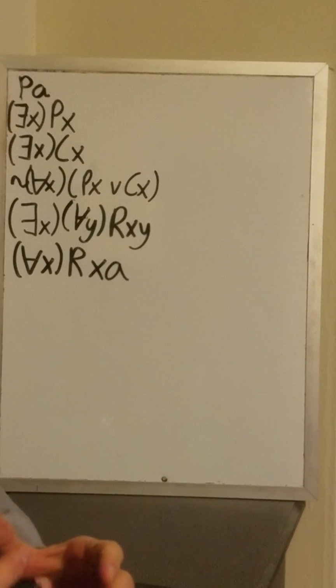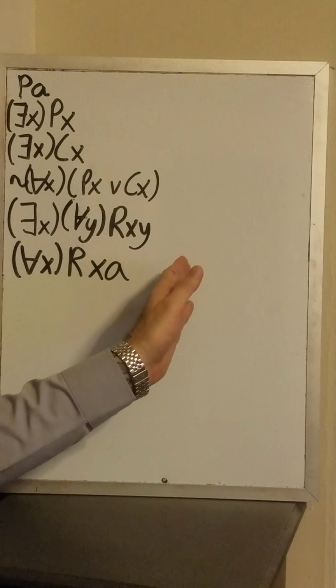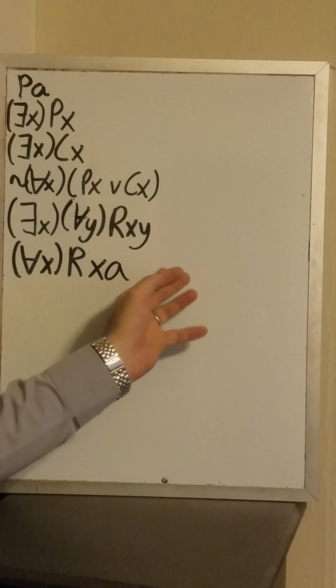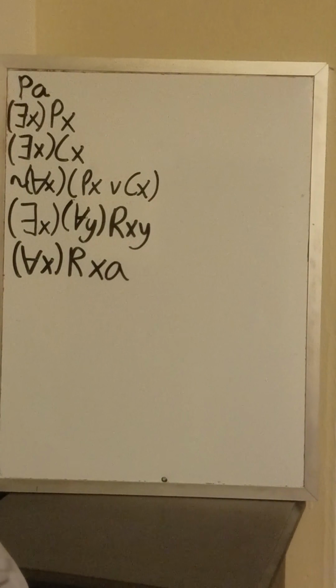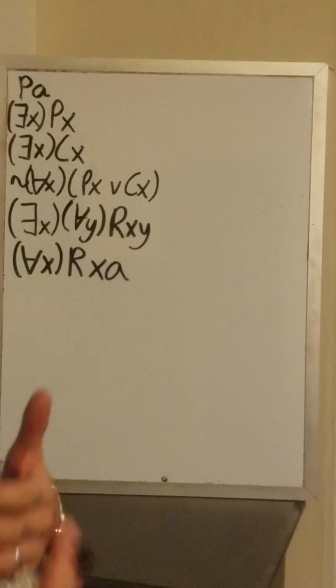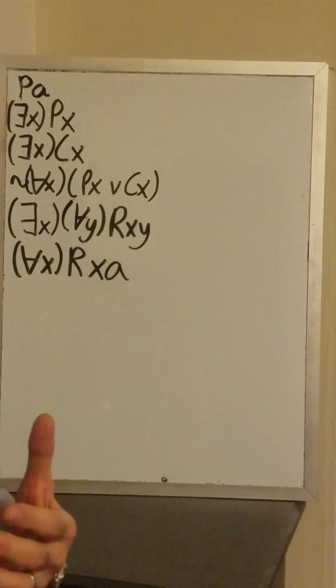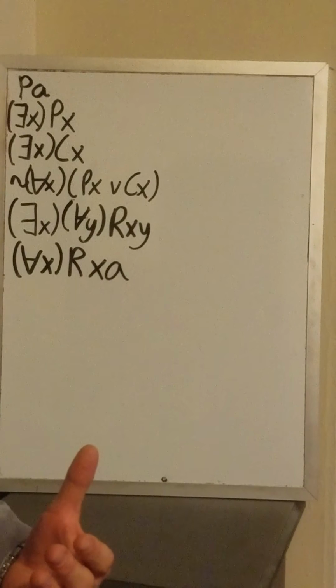And what we're going to do today is take a look at some uninterpreted sentences, meaning they're just presented to you in the language of predicate logic, and we're going to try to make a model of them. It'll help us get a feel for what these sentences say and what the different parts of an interpretation are.